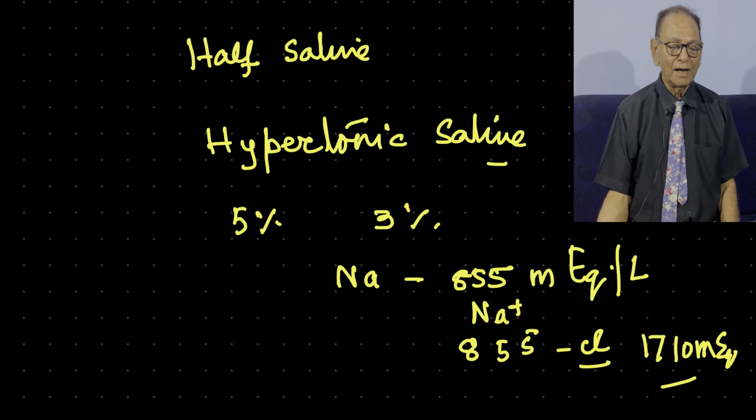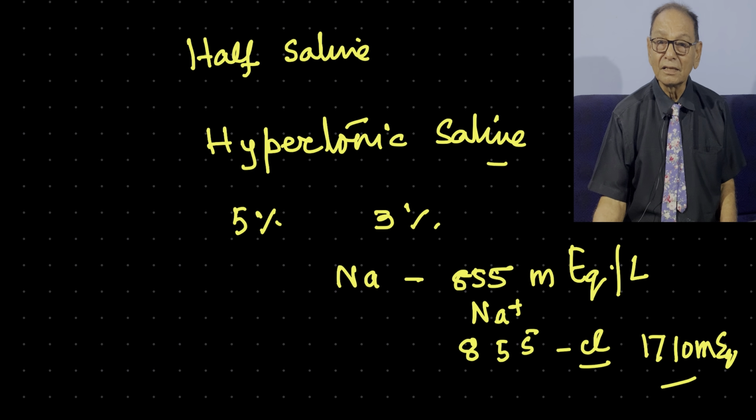It will deliver a total osmotic pressure of 1710 instead of 310, which is the ultima thule or the maximum limit of the tonicity of the normal plasma. But we do need it in certain situations, which I will tell you later.